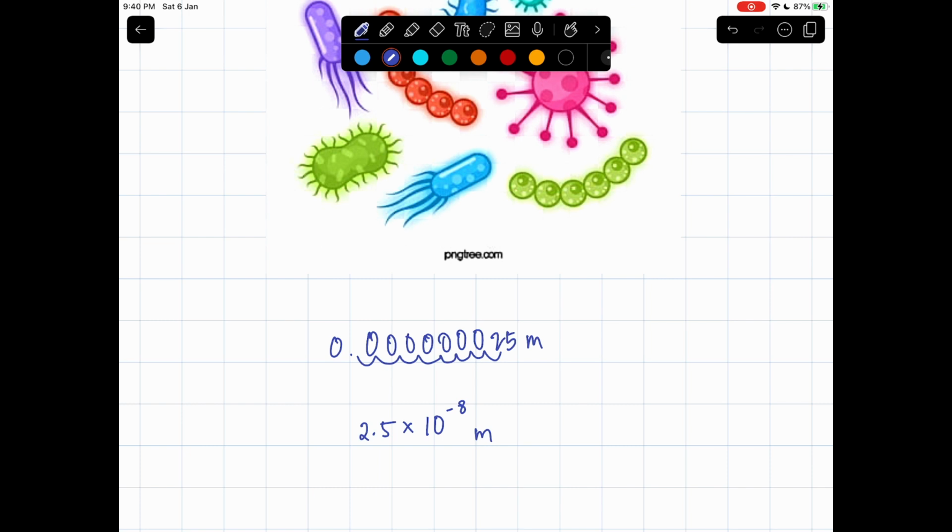But imagine if the digits go up to 100, 200, 300. I'm not kidding you, it can go that far. When it goes that far, it is not realistic to write down all the numbers, all the digits. That's where standard form comes in handy.